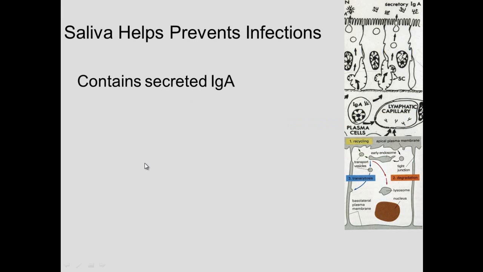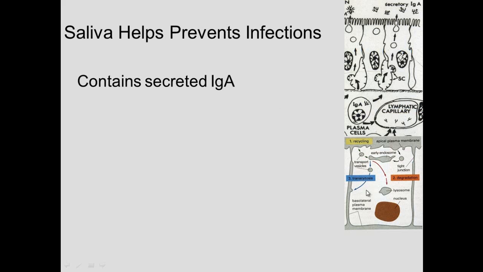as you know. Now, saliva is important because it produces IgA antibodies. IgA antibodies are the secretory antibodies. So you have plasma cells produce antibodies, and you have transcytosis to transport that into the lumen.